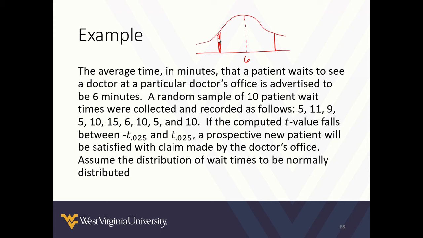And this region of acceptability is where that negative t 0.025 and positive t 0.025 are. If we fall outside of these bounds, then we consider the doctor is making false claims. If it's within that range, then we say, okay, if I had to wait 7 minutes, yeah, it's 7 minutes, 6 minutes. It's a little bit more, but it's not so much that we'd really care.